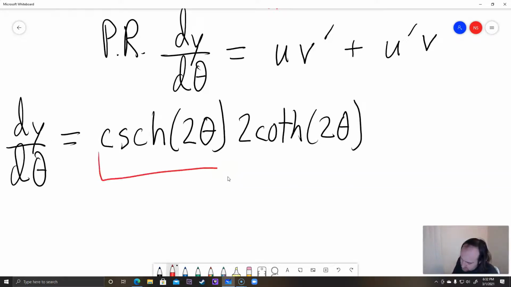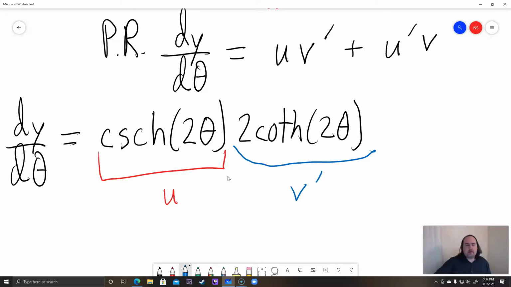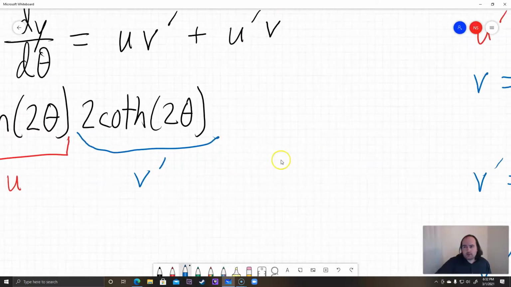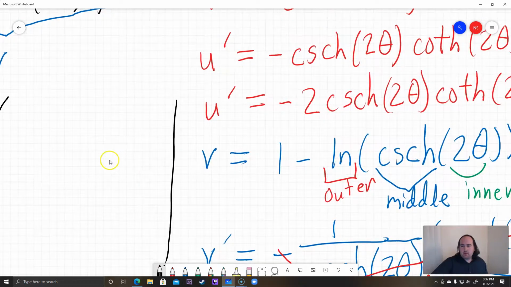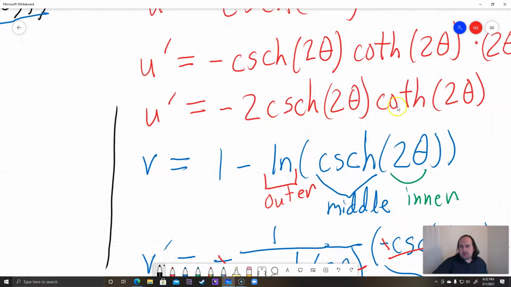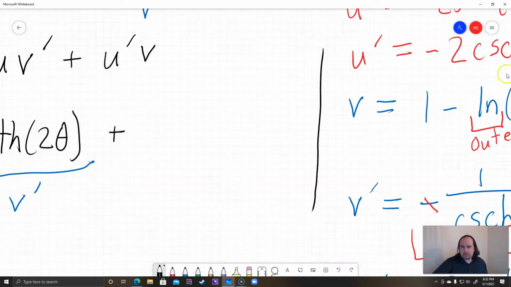So here we've got u, and then here we've got v prime. And then we also need to have plus u prime v for the product rule. So for our plus u prime v over here, well, our u prime, we said, was negative 2 cosec of 2 theta coth of 2 theta.